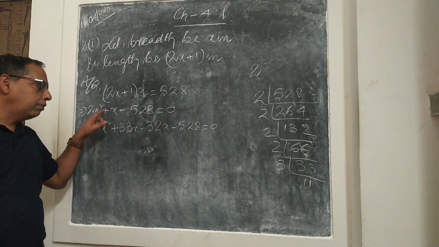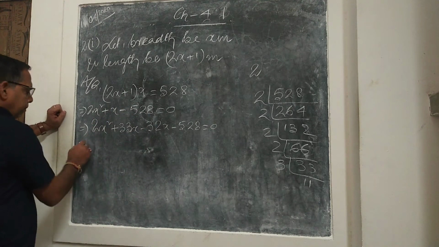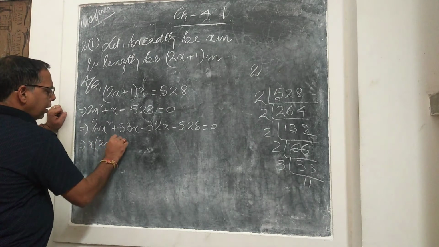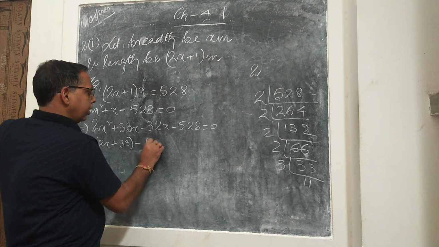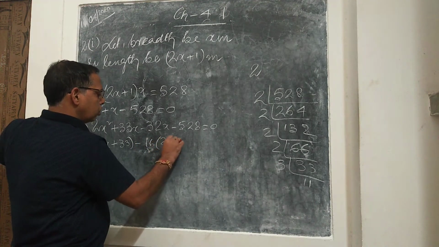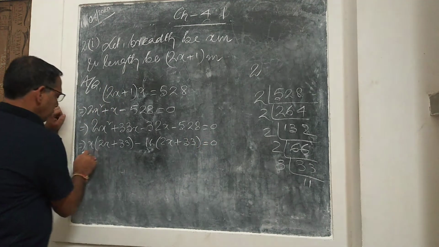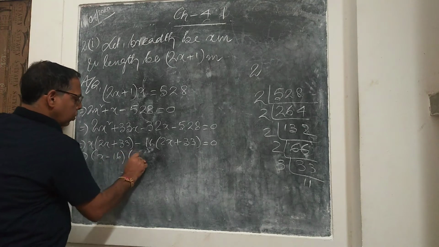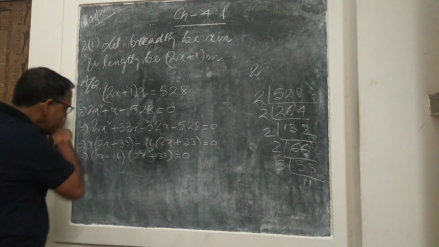If it is negative, then the bigger one will be negative, the other one positive. Okay, so let's see. x(2x + 33) − 16(2x + 33) = 0 implies (x − 16)(2x + 33) = 0.